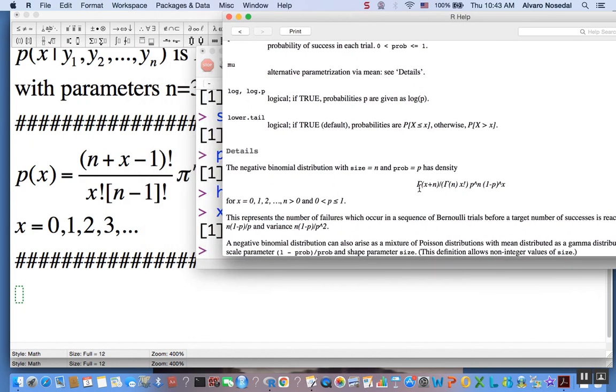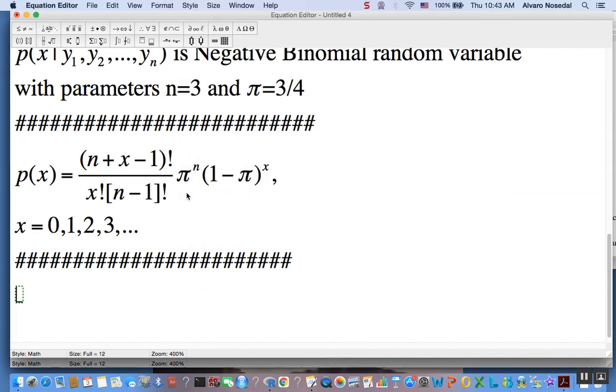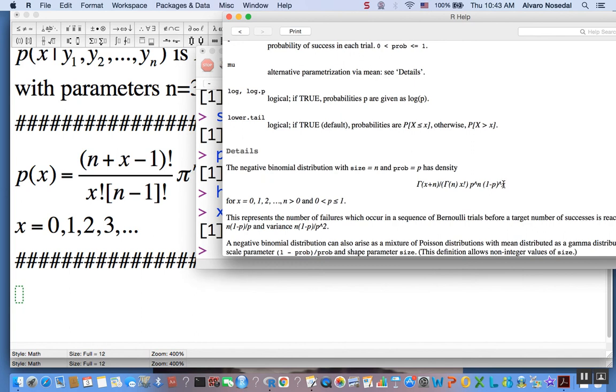We know that using properties of the gamma function, the gamma function evaluated at x plus n is the same as n plus x minus 1 factorial, because we have an integer, divided by n minus 1 factorial times x factorial. So they are using the same thing. We have p to the power n, and then the complement to the power x, and the support matches.